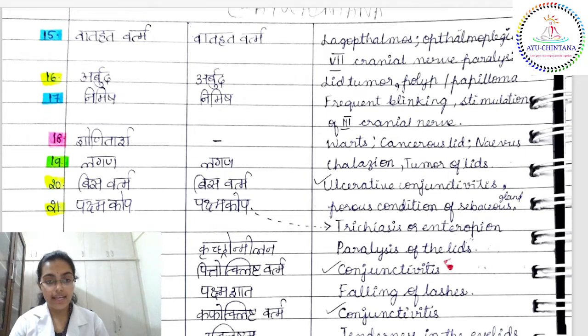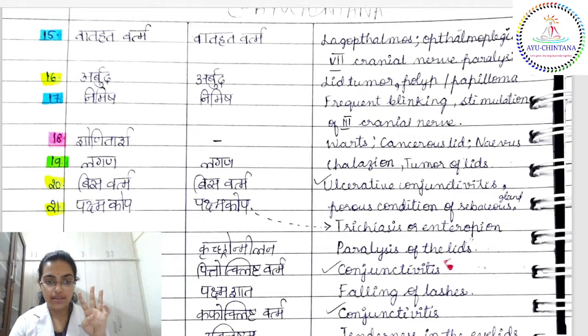Then the 10th one and 11th one are both related to Akshipaka. The 10th one is Akshipaka Ashobha and the 11th one is Akshipaka Sashobha. Then there is another Paka, Shushka Akshipaka.